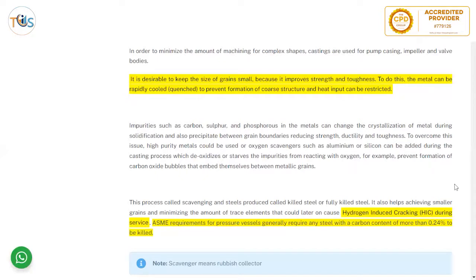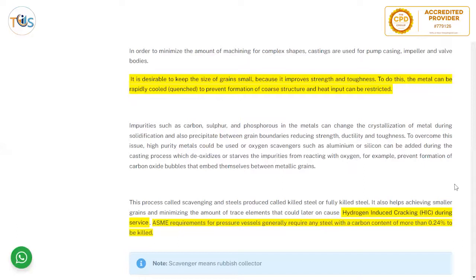To overcome this issue, high purity metals could be used, or oxygen scavengers such as aluminum or silicon can be added during the casting process, which deoxidizes or starves the impurities from reaching the oxygen, and hence the name killed steel, because it's starving these impurities from mixing and starving them of oxygen.